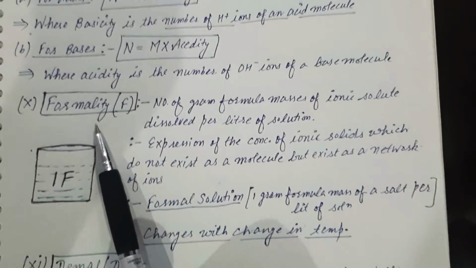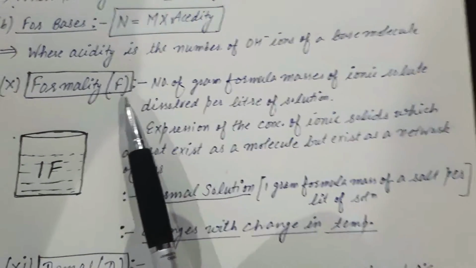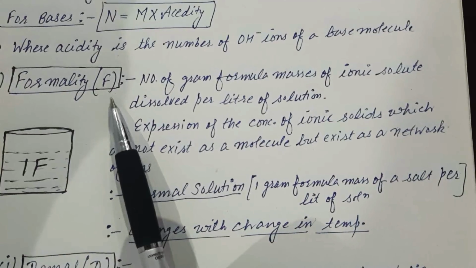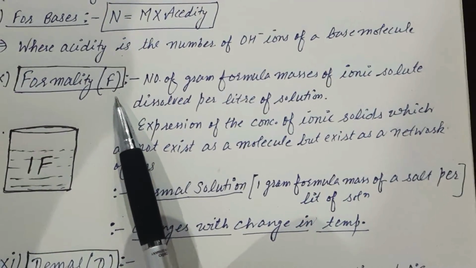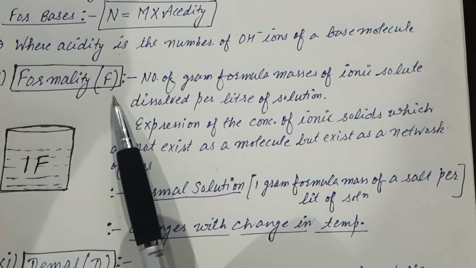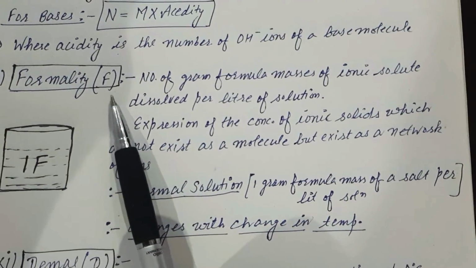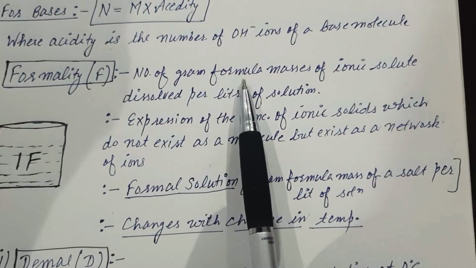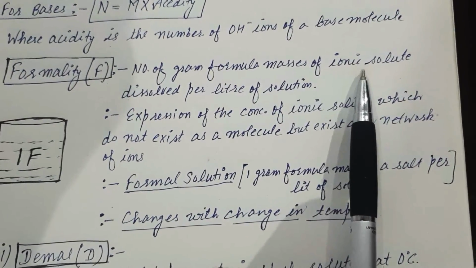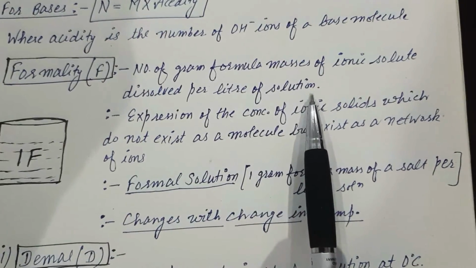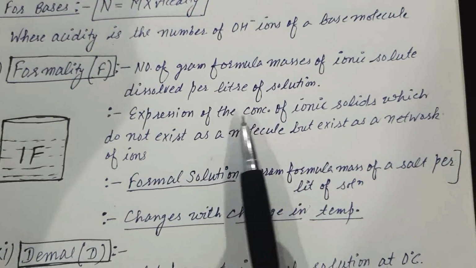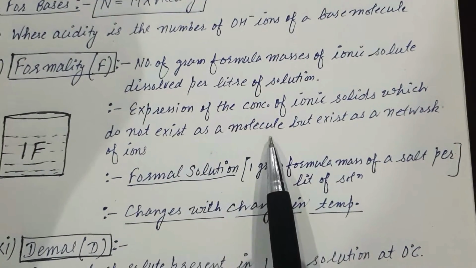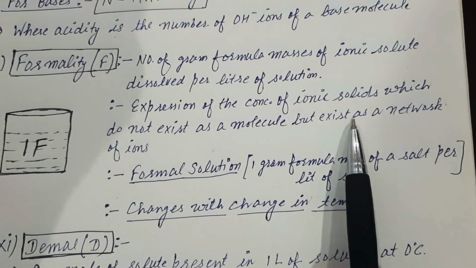The next concentration term is known as formality, denoted by capital F. It is the same as molarity, but this is a special case for ionic substances, for salts. It is defined as the number of gram formula masses of ionic solute dissolved per liter of solution. So this is the expression of the concentration of ionic solids which do not exist as a molecule but exist as a network of ions.